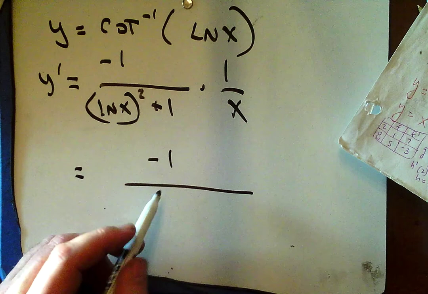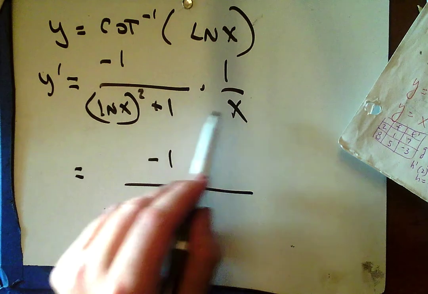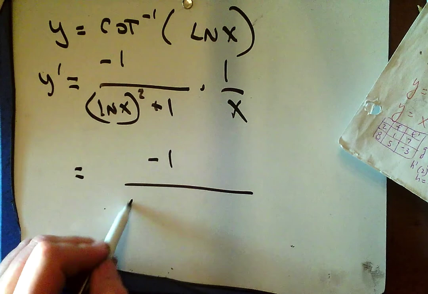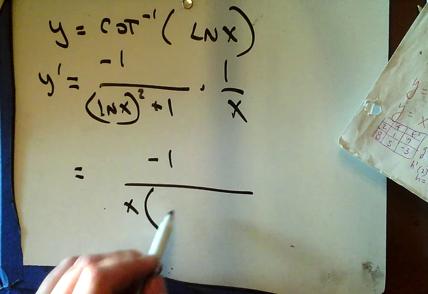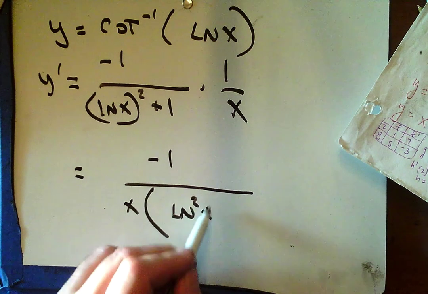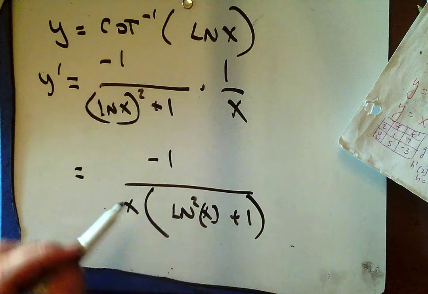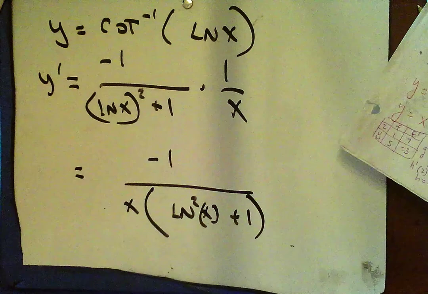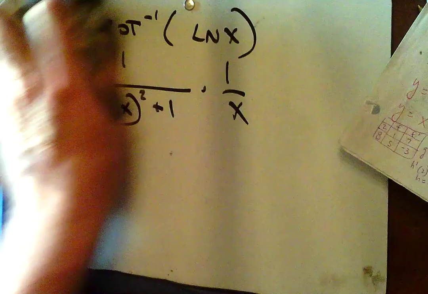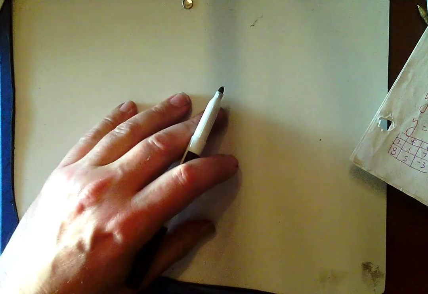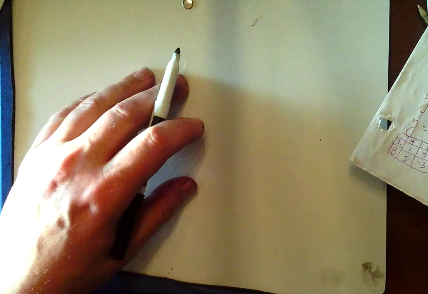I could write this as, and by the way, that x has to be multiplied to all of this, so ln squared x plus 1 might be my final answer. Yeah, we could distribute, but no, I usually avoid that because when I'm doing stuff beyond taking the derivative, I'm usually wanting factored form so I can set the factors equal to 0.